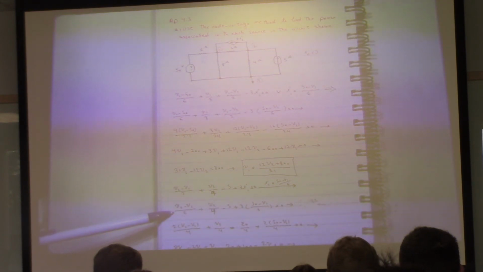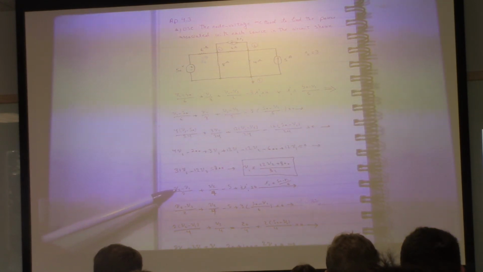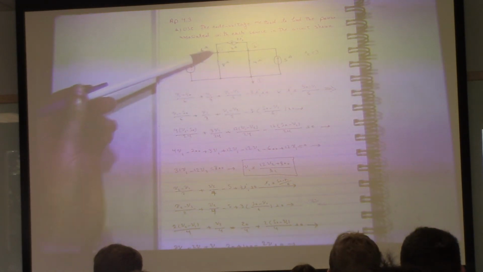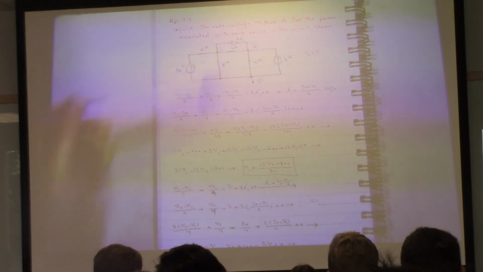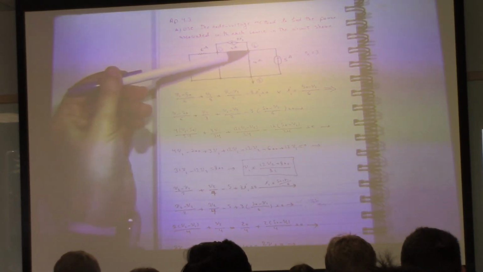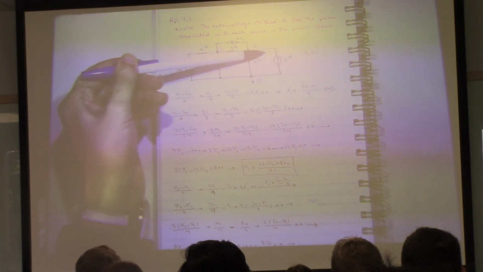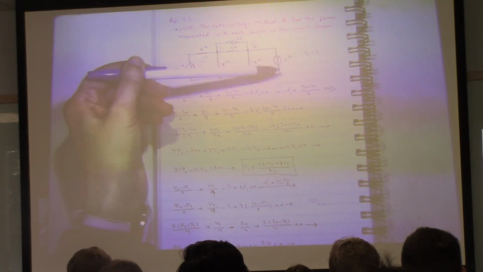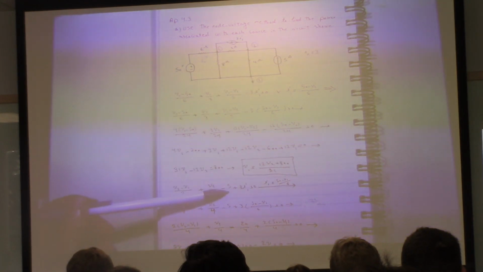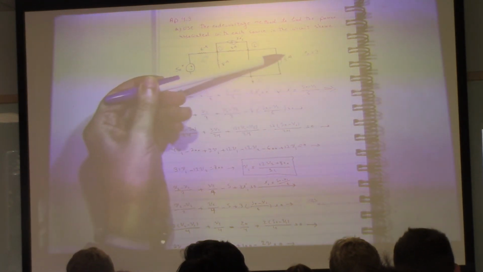For the second node here, (V2 minus V1) over 2 plus (V2 minus 0) over 4. Now I have a current power supply, so I put minus 5 because it's entering.